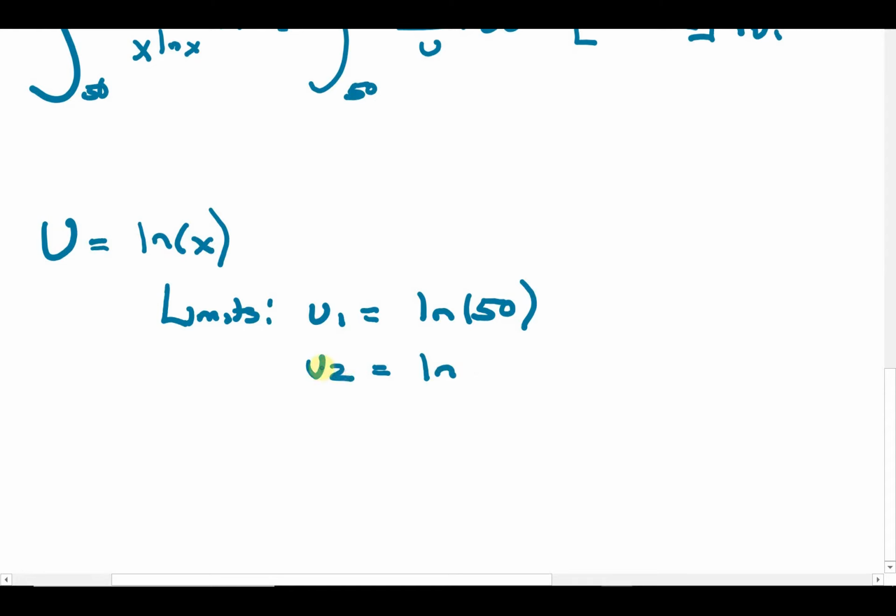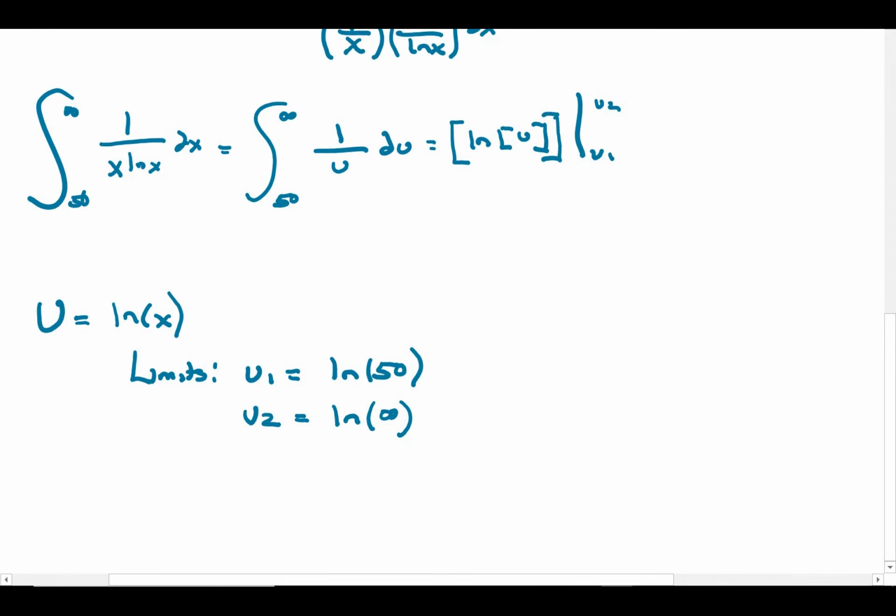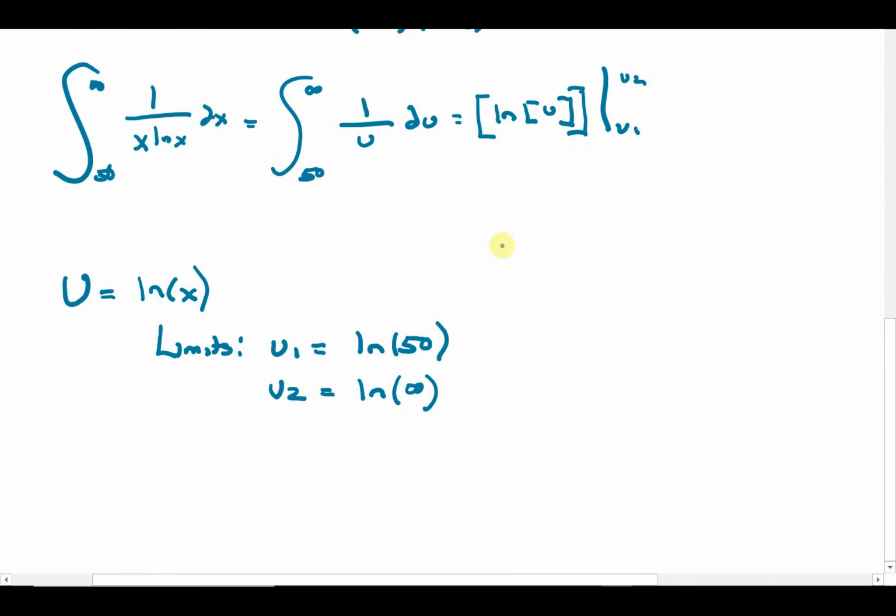For this case, we have an issue here. So what we can do is take a new limit. If we put ln x back in and put back our limits, 50 to infinity, we're taking a limit.